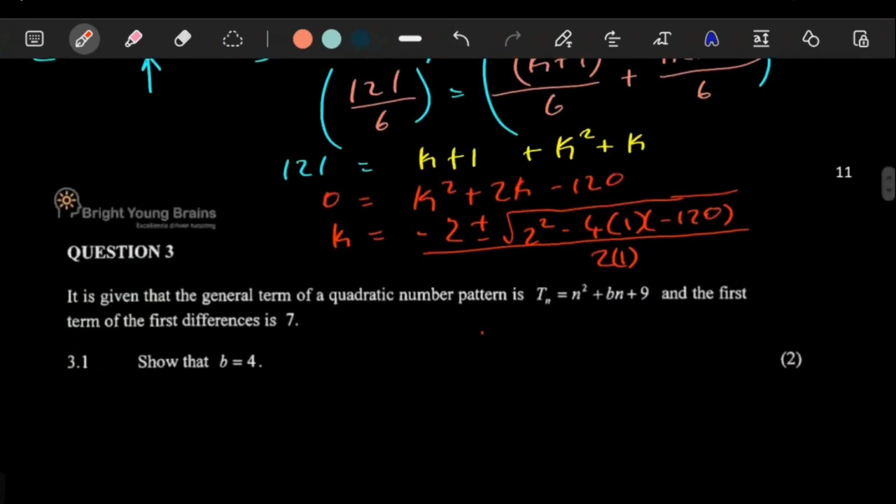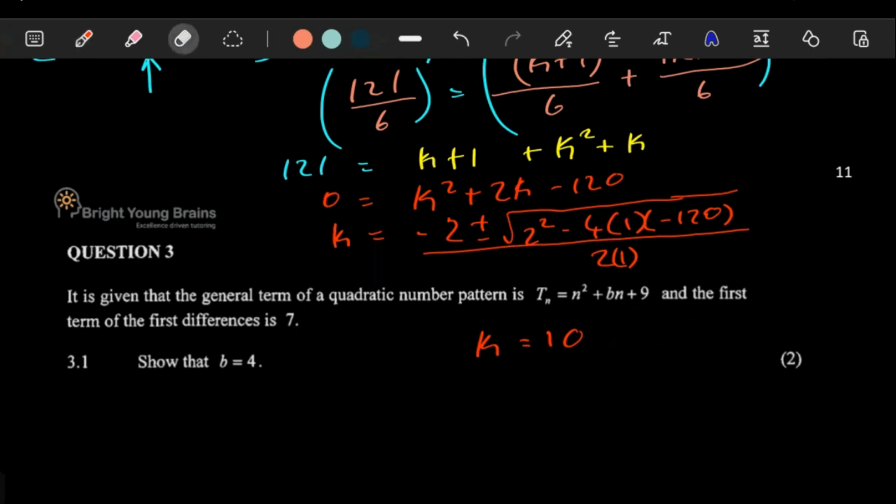So k here, let's try again. Minus b plus minus, well, we're using plus first, b squared minus 4. A value is a 1, c value is a negative 120, a value is a 1. So 10, finally. It's supposed to be a whole number. The other option, I don't think it's going to be valid because it's probably going to be a minus or something. Yeah, it is. So we just keep 10 only.